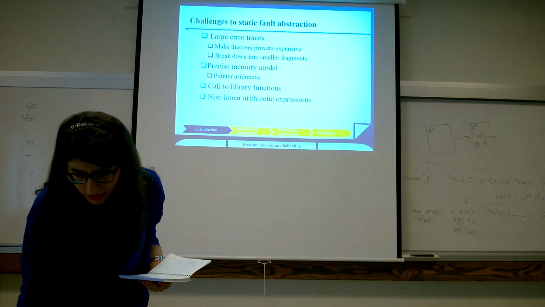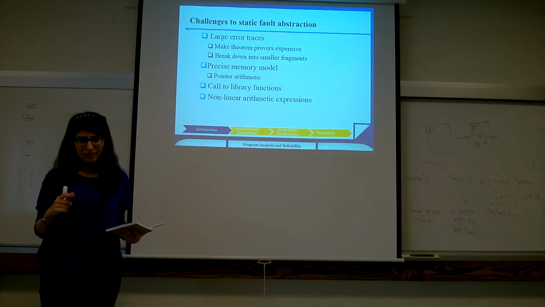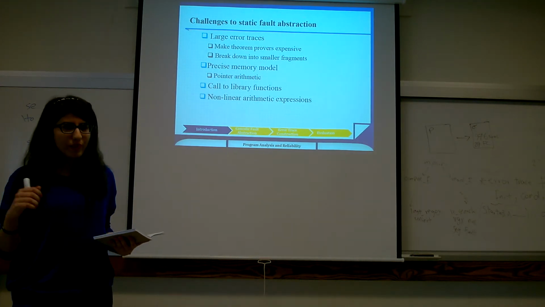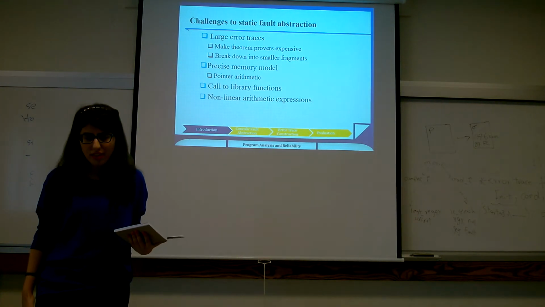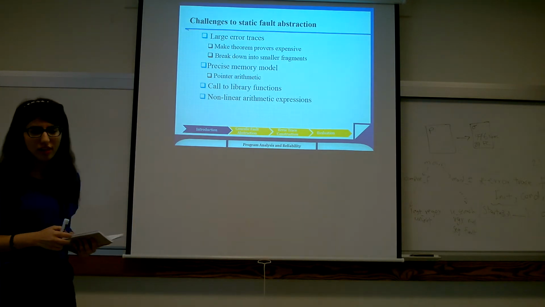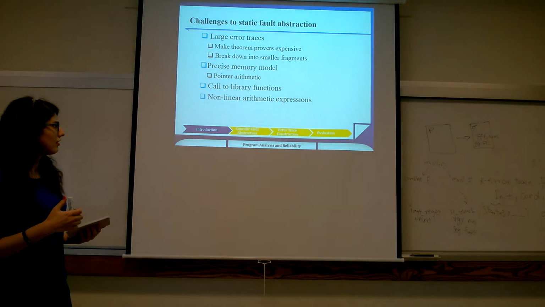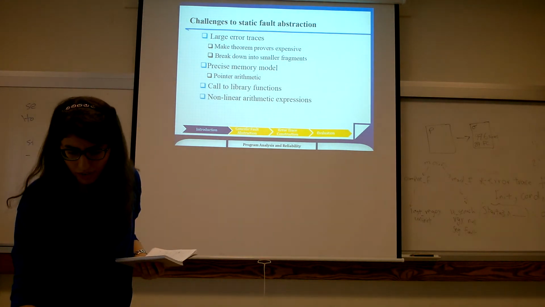Okay, let's come here. So the first point, large error traces that we mentioned. So the contribution here is that we are going to have the subtraces, and we need a precise memory model. Also calls to the library functions and nonlinear arithmetic expressions. Also, we're going to deal with that as well.